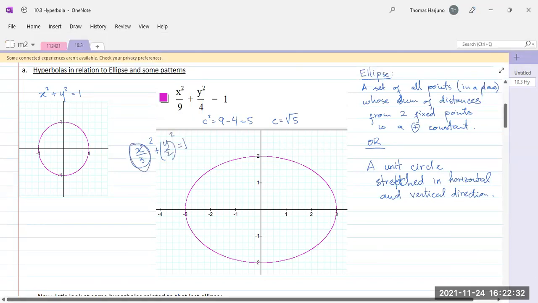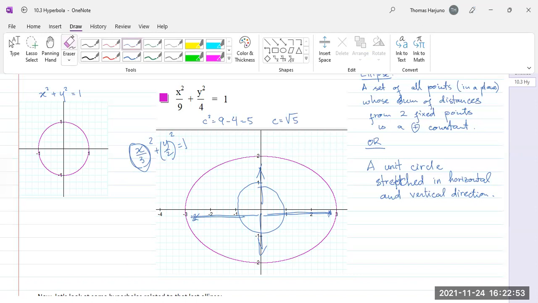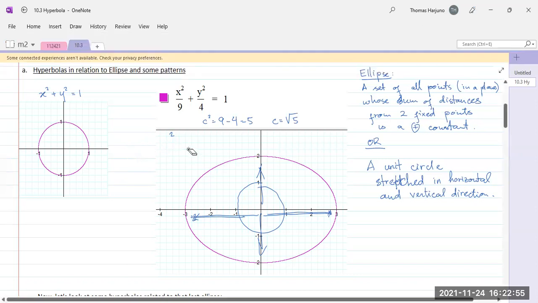From here, we see that we stretch the unit circle horizontally in the x direction by a factor of 3, and by a factor of 2 vertically. Okay, we can also see it that way. Now we are not talking about ellipses this time. That's just a little review.